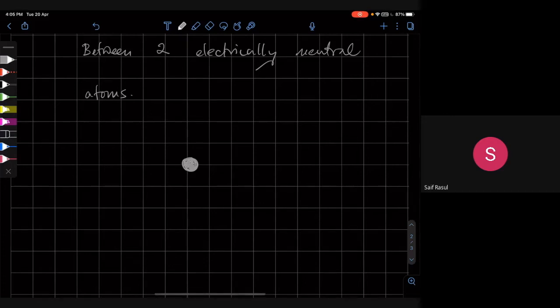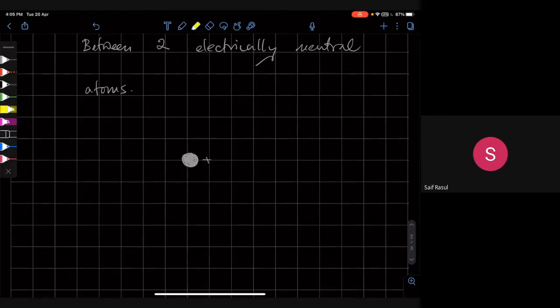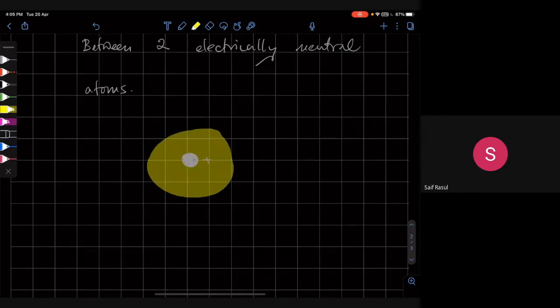Of course, because of quantum mechanics, its boundaries are not extremely well defined, but it has some positive charge, and it's surrounded by a cloud of negative charge electrons, right?